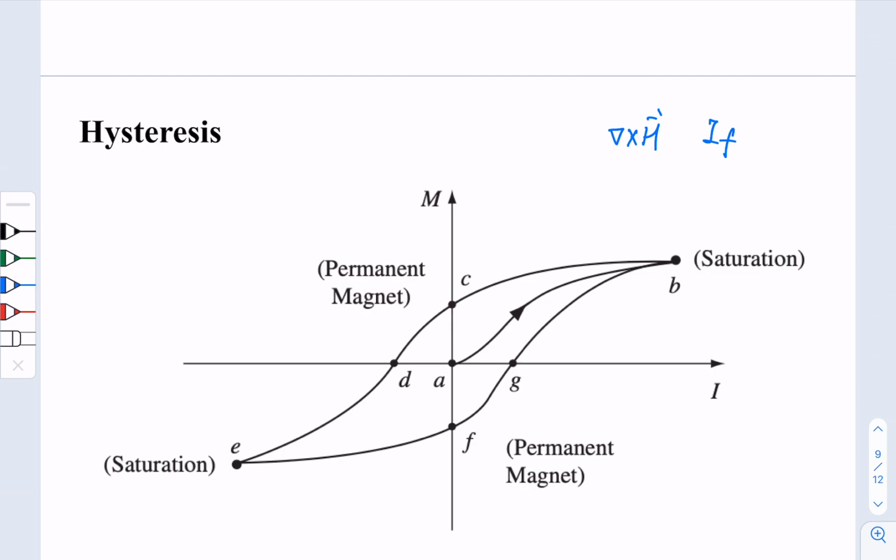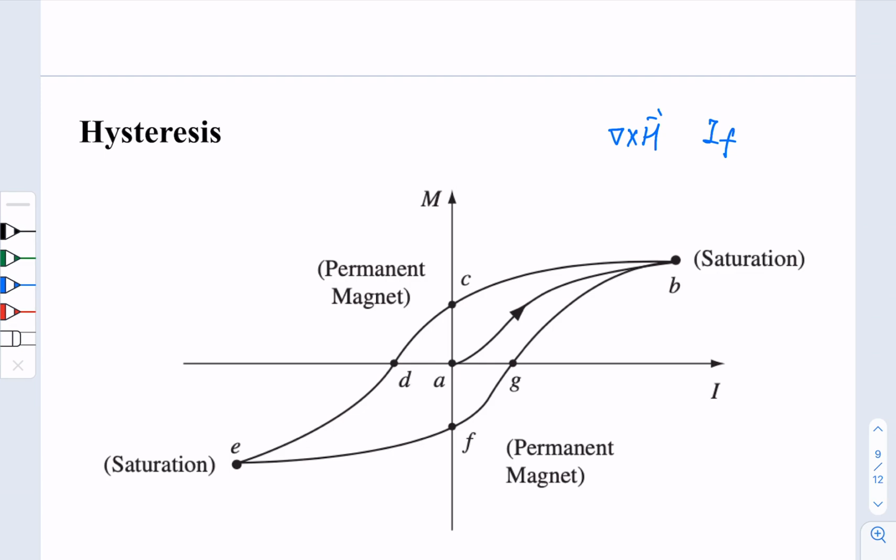So that's the mechanism of magnetizing a permanent magnet. You see that at this point, even though the magnetization vector is not fully saturated, there is still a fair amount of M being left over, and that explains how you magnetize a magnet.